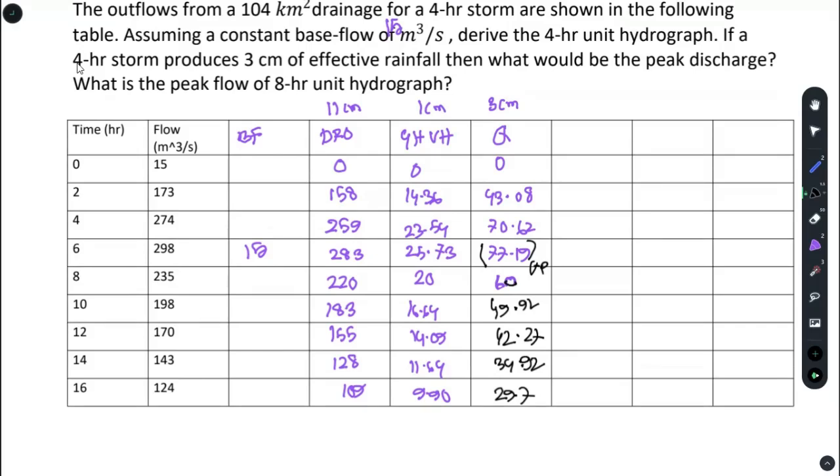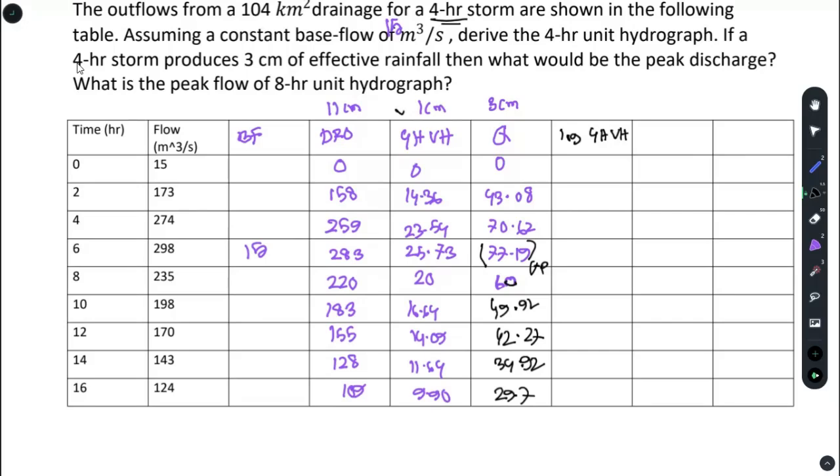I will just lag the 4 hour unit hydrograph, which is this, by 4 hours. How many hours I lag depends on the unit hydrograph. It is a 4 hour unit hydrograph, so I will lag it by 4 hours.